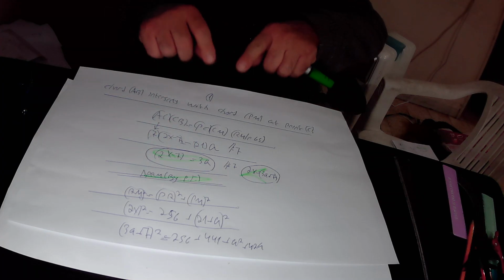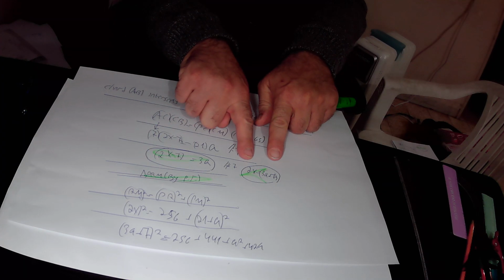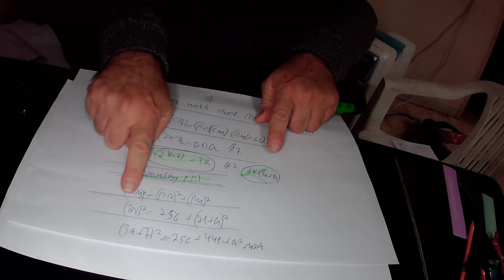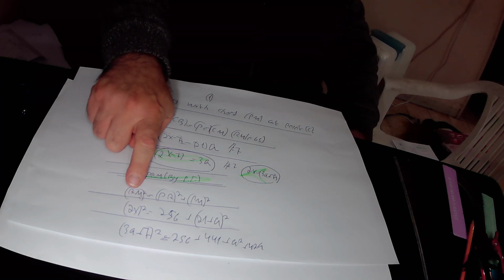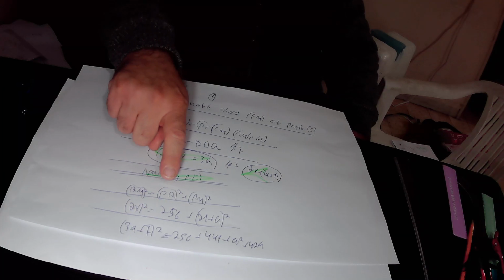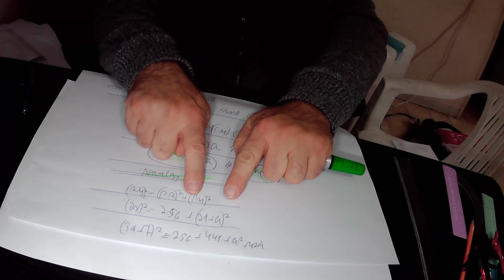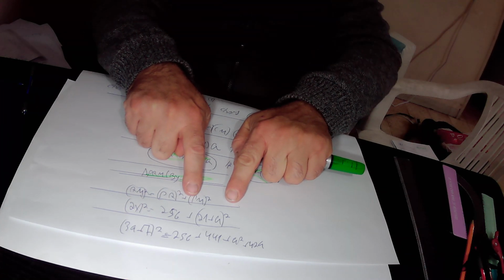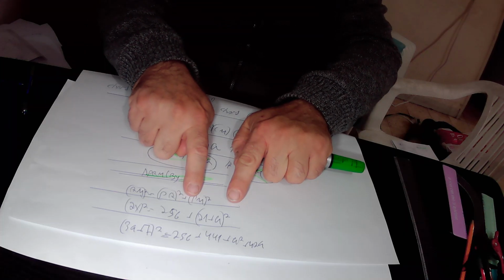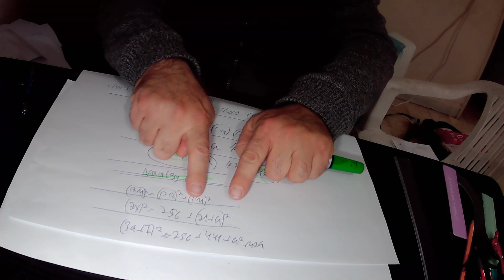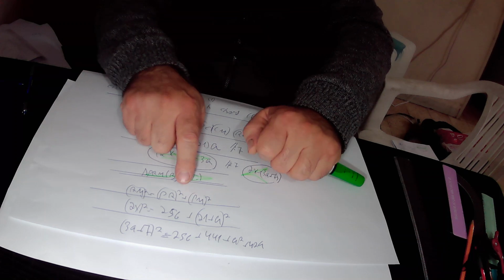We already found that 2x equals 3a plus 7. So we substitute 2x by 3a plus 7, therefore 3a plus 7 squared equals 256 plus 21 plus a squared. If we open the brackets of this expression, 21 plus a squared equals 21 squared, that is 441, plus a squared plus 2 times 21 times a, that is 42a.